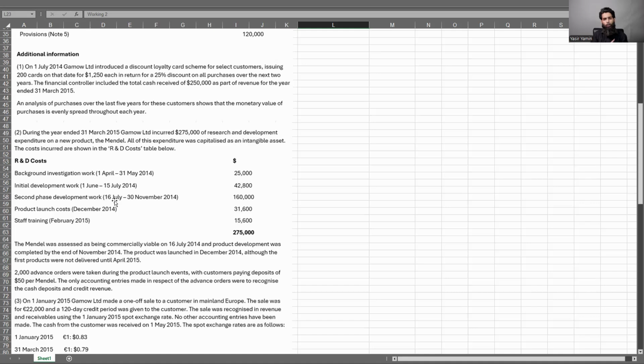So any cost incurred before this date cannot be capitalized. The development was complete at the end of November, so whatever cost occurs after that cannot be capitalized either. So you see, only 160,000 can be capitalized. The rest of it cannot be capitalized.